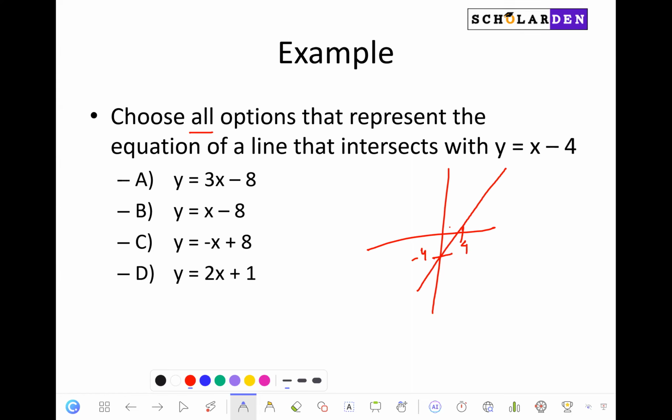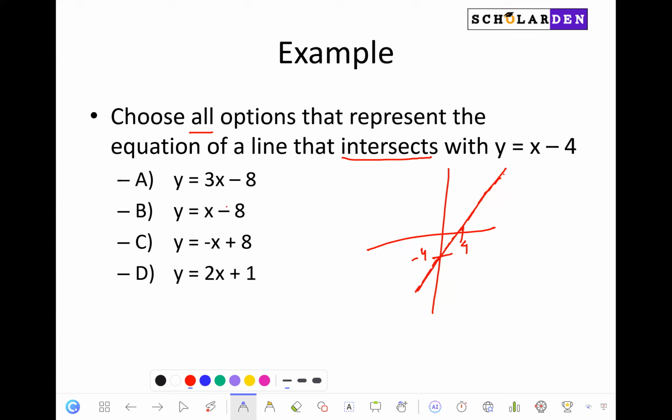If another line is exactly collinear with this line, having the same slope, we can say that it might intersect with this. But if any other line has the same slope but different xy coordinates, it's going to be parallel to this line and it's not going to intersect.